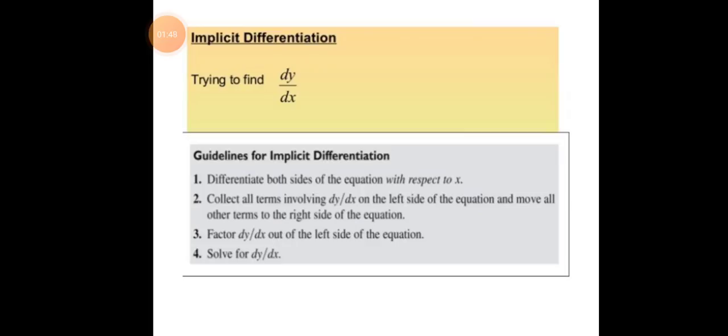So, there are a few guidelines for implicit differentiation. First, differentiate both sides of the equation with respect to x. Number 2, collect all terms involving dy slash dx on the left side of the equation and move all other terms to the right side of the equation.